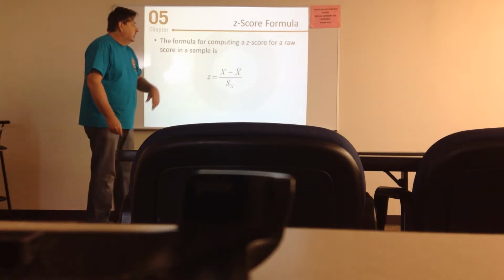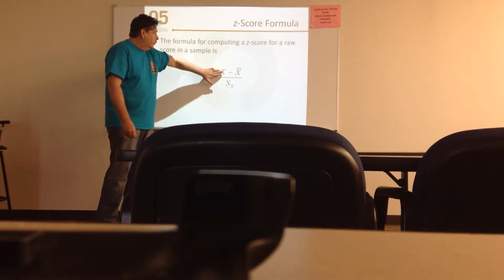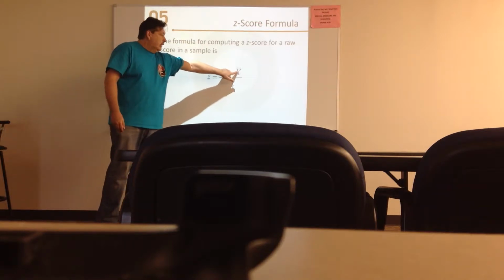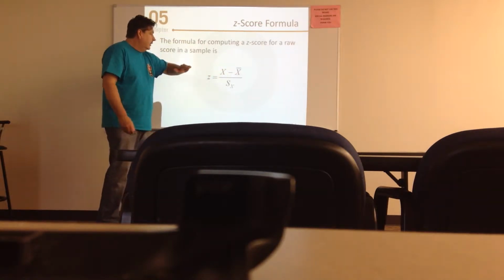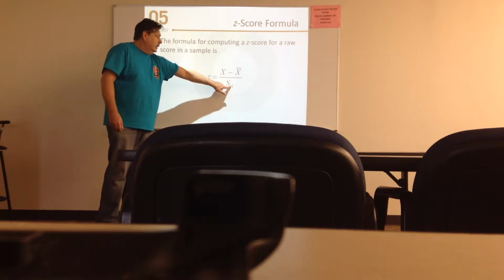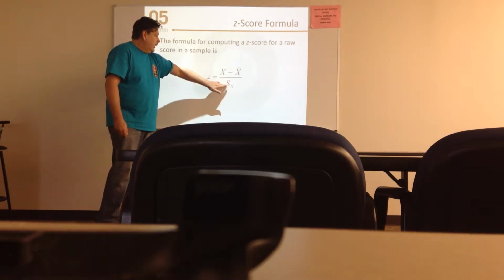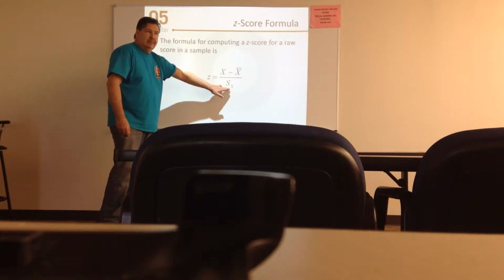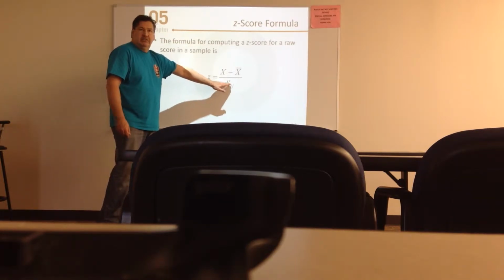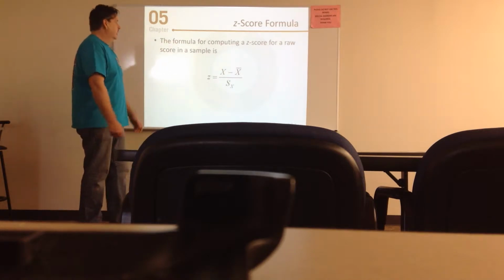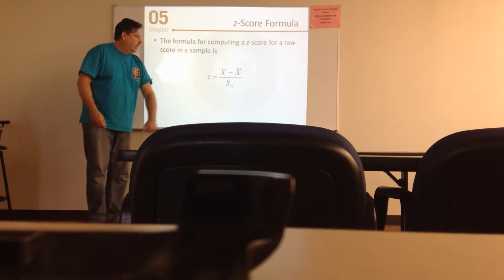The formula for a Z-score is the raw score minus the mean divided by the standard deviation of the sample. And if we don't have the standard deviation of a sample, we can use the standard deviation of the population to estimate that standard deviation.